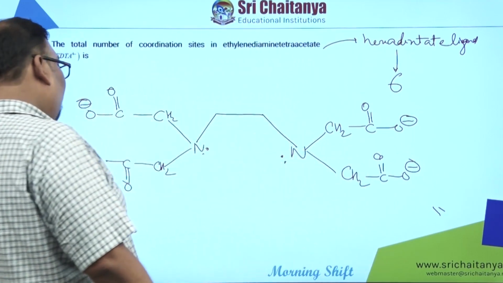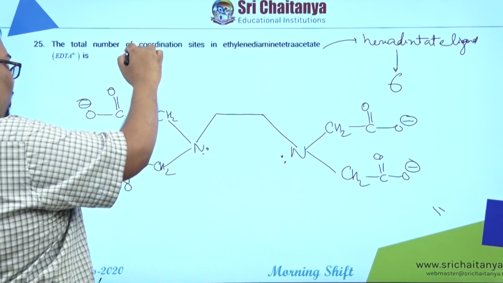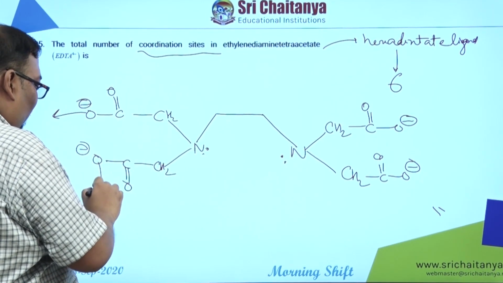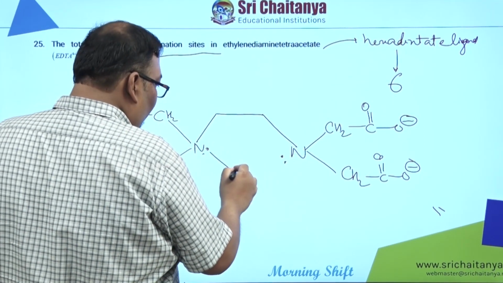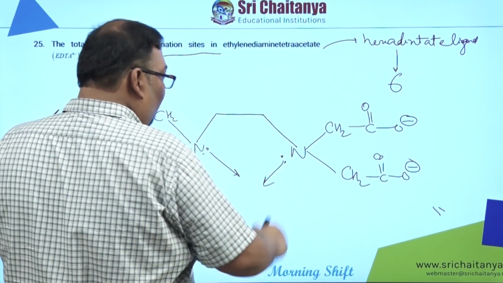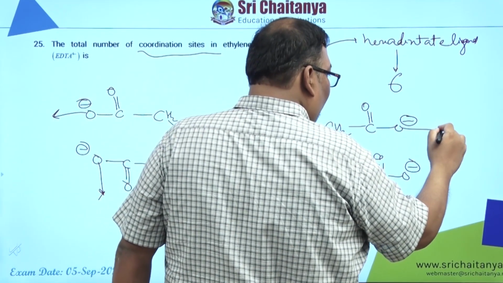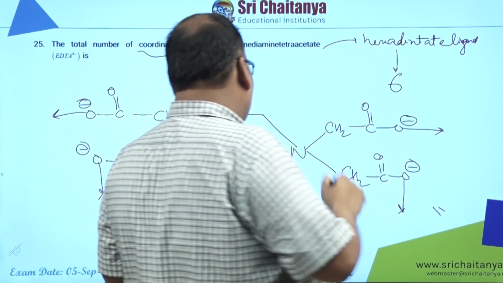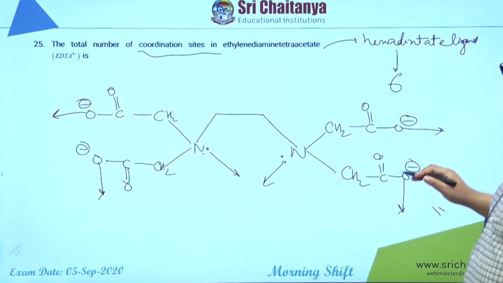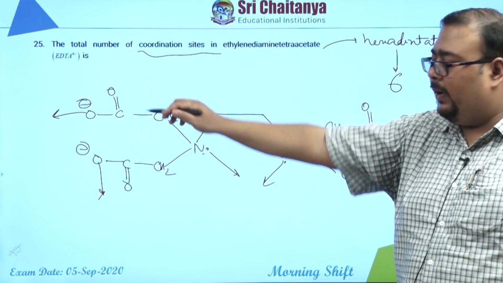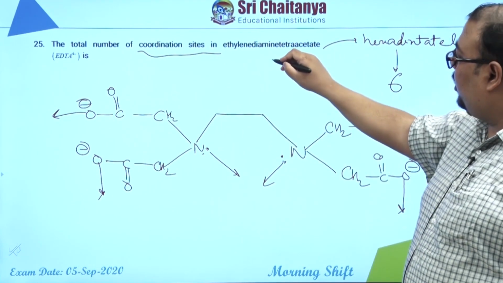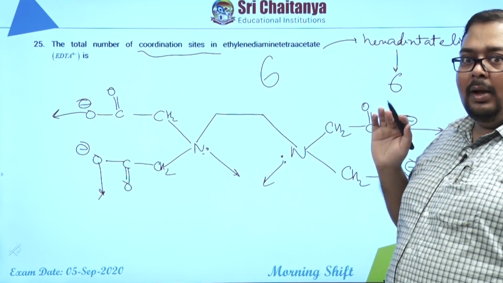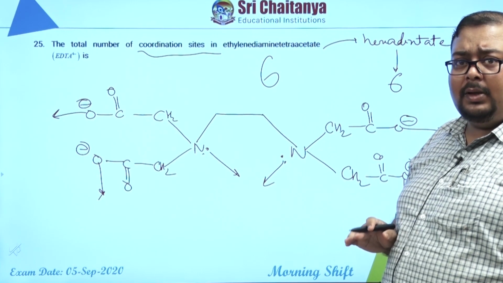So when you are talking about the coordination sites, this will be giving 1 lone pair, this will be giving 1 lone pair, this will be giving 1 lone pair, this will be giving 1 lone pair, this will be giving 1 lone pair, and this will be giving 1 lone pair. So as you can see, the number of coordination sites is 1, 2, 3, 4, 5 and 6. So the correct answer is 6. With this, the last question of this paper is done.